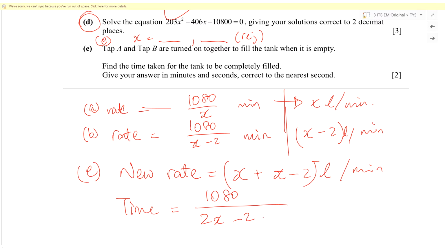But how many of you didn't do this? What was your answer? Okay, the final answer for part E is 73 minutes, 21 seconds.